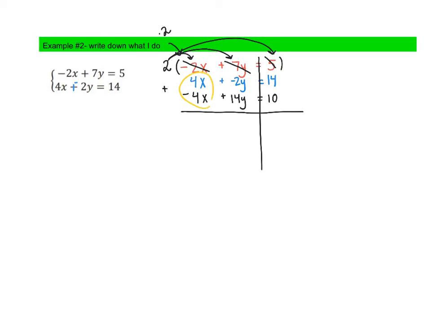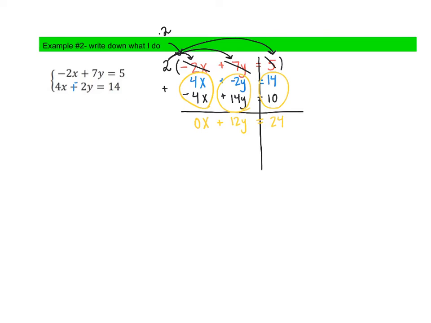So if I add 4x plus negative 4x's, I get 0x's. If I add 14y and negative 2y, I get 12y's. If I add 14 and 10, I get 24. Okay?